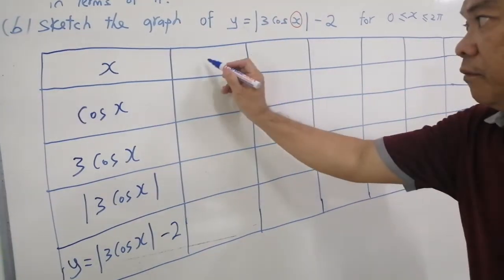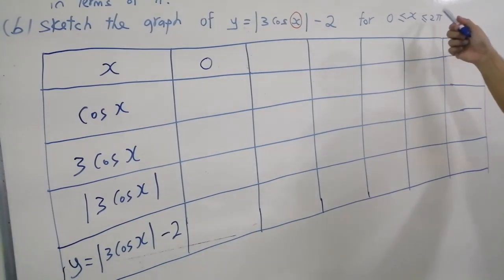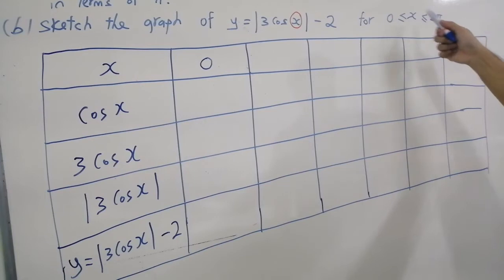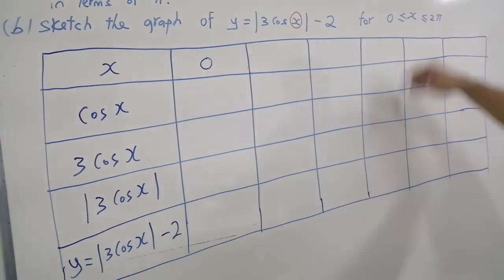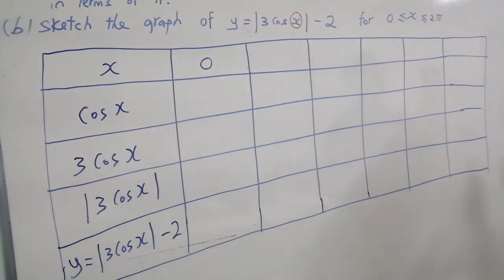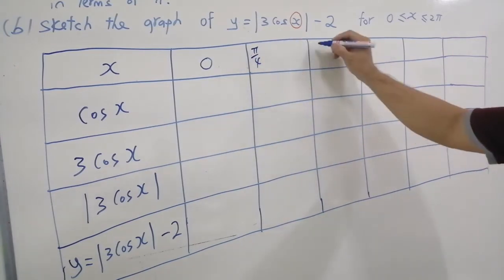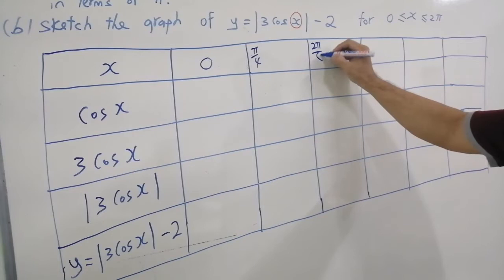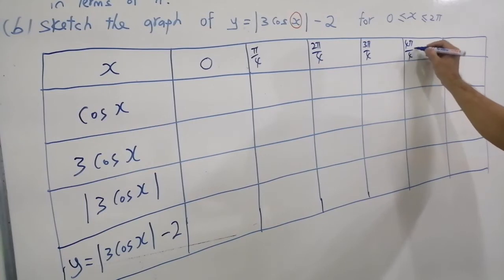So anything must start with 0 first. I don't care whether it's from 0 to pi, you also start with 0. From 0 to 2 pi you also need to start with 0. So for 2 pi, very easy. You start with pi over 4 first. If pi over 4, the second one will be 2 pi over 4, 3 pi over 4, 4 pi over 4 will become pi.